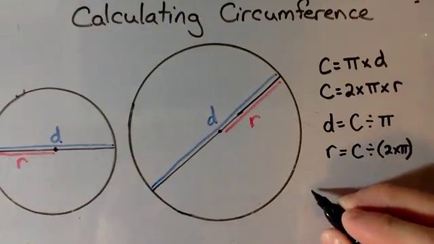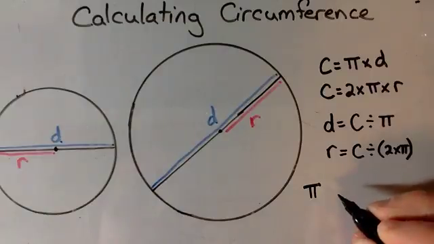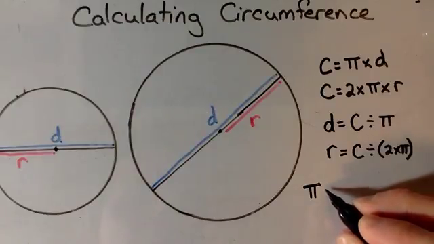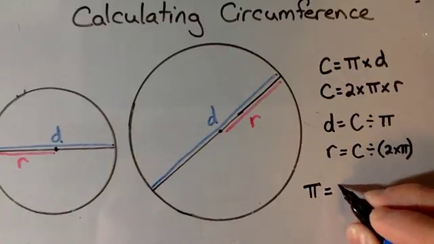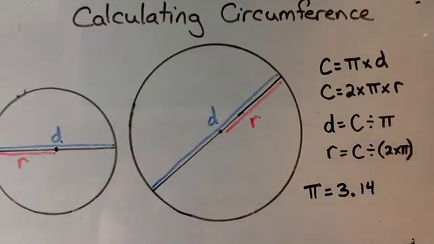But anyways, for the purpose of most of life, and certainly for the purpose of grade 8, we can say that pi is equal to 3.14. It continues on actually at 1592, and it keeps going and going. They found, I believe, 7 trillion digits of pi.